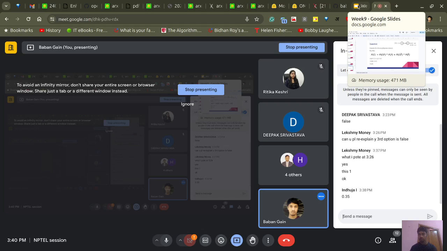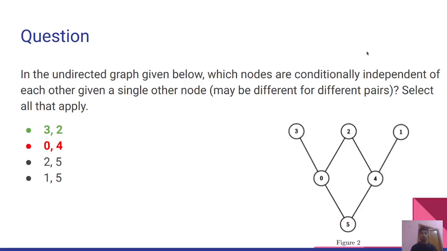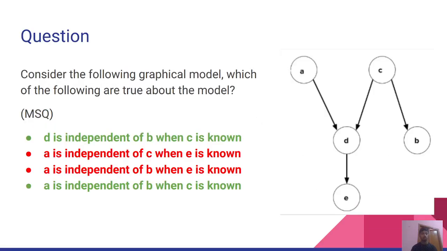Okay, so then let me move on to the previous question and discuss this one. Okay. So A is independent of B when E is known. So that is the claim, right?